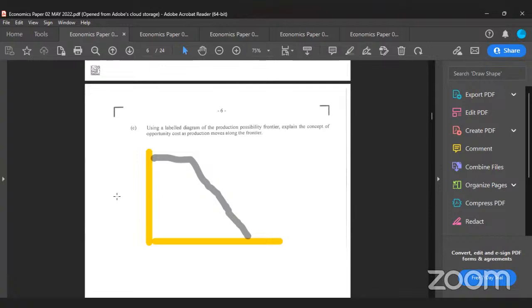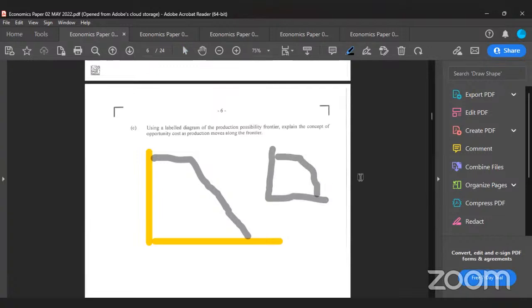But a PPF graph has a curve, and you have the efficient, attainable, and inefficient. Inefficient would be inside here, efficient would be on the line, and unattainable would be above the line. And we know the concept of opportunity cost, generally speaking, it's not always the case, but generally it has an increasing opportunity cost, which means that it looks like this.